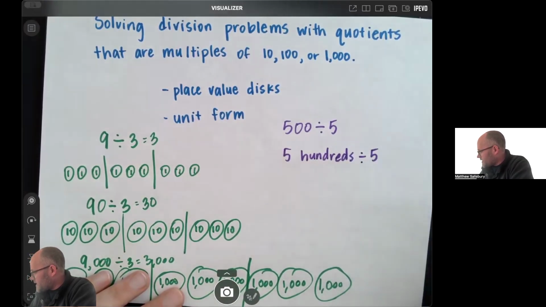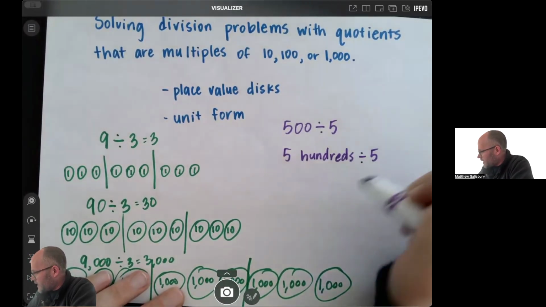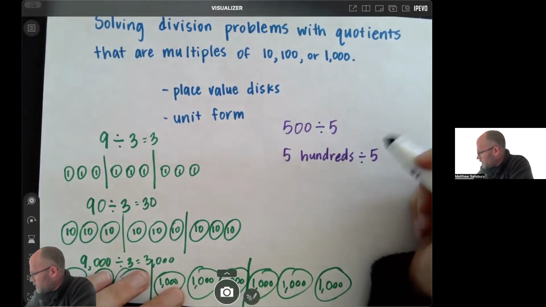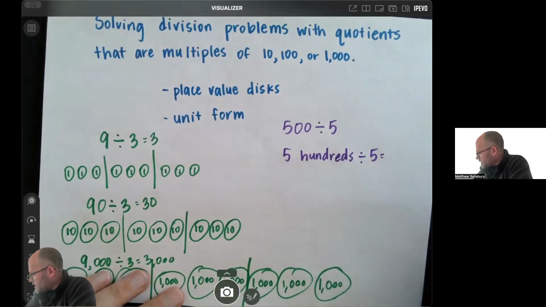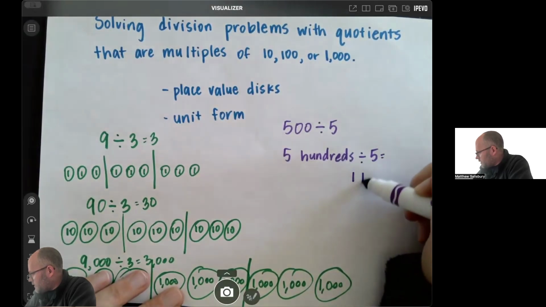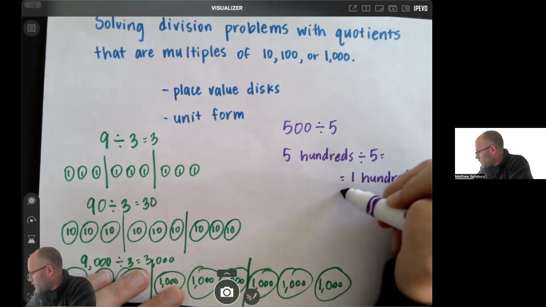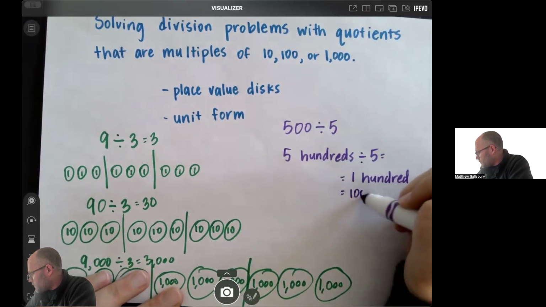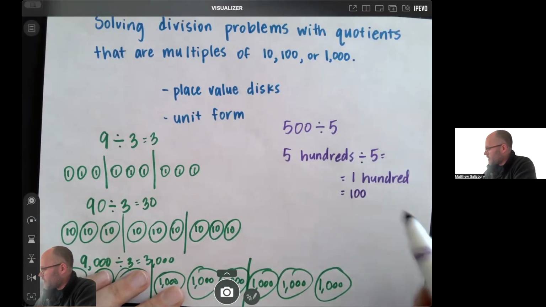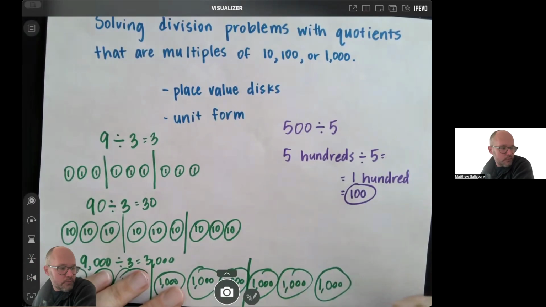I know that 5 divided by 5 is 1. So 5 hundreds divided by 5 is going to be 1 hundred, or just 100. So 500 divided by 5 is 100. And it's easier to see that if I write it in unit form.